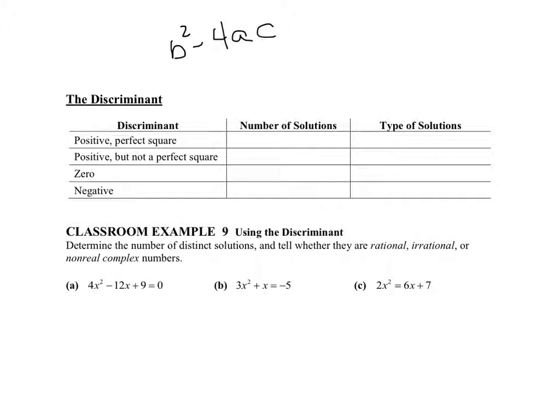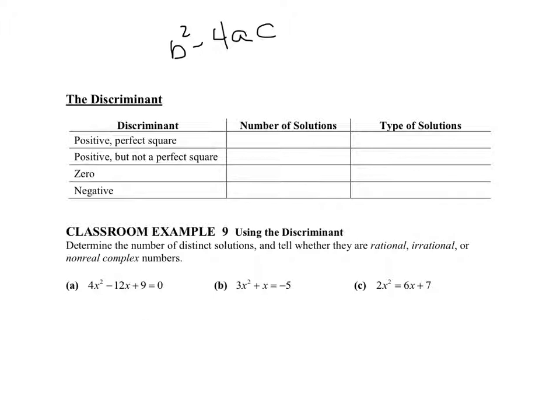And so let's fill in this table. It will explain to us the number of solutions and the type based on the value of just the b squared minus 4ac. The nice thing about this is I don't have to do the entire formula. All I need to do is find b squared minus 4ac, and from that I can answer these questions.